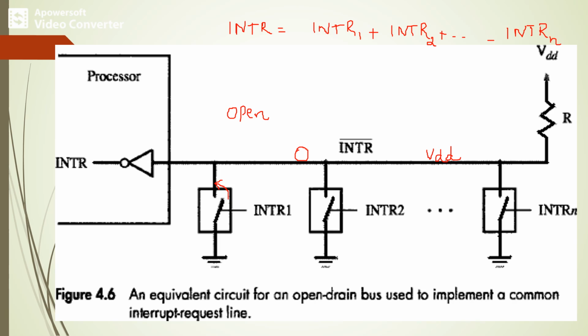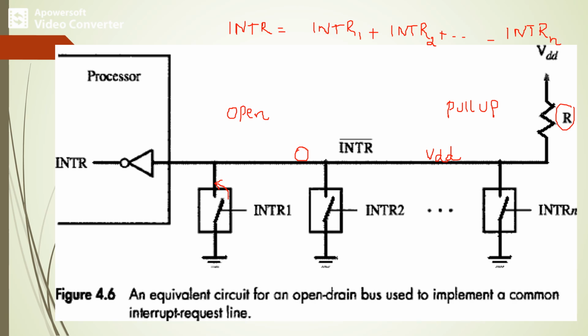The voltage level at the output of the gate is determined by the data applied to all the gates connected to the bus. We also have one more resistor R, called the pull-up resistor, which is used to pull the line voltage up to the high voltage state when the switches are open.